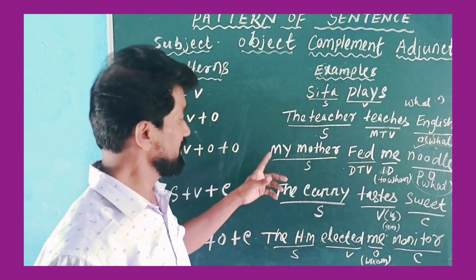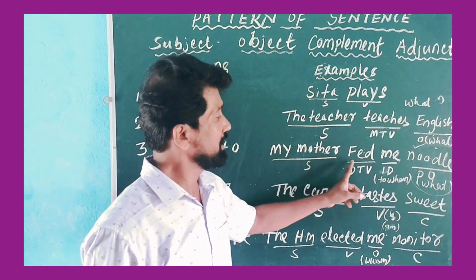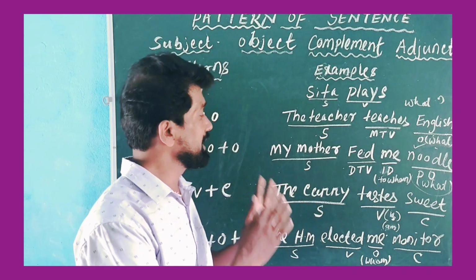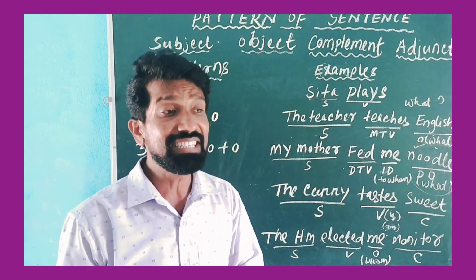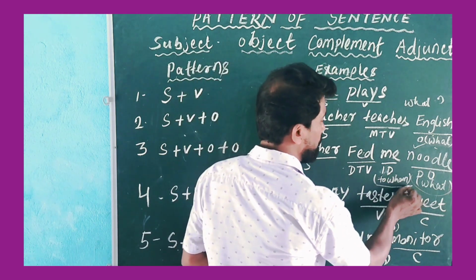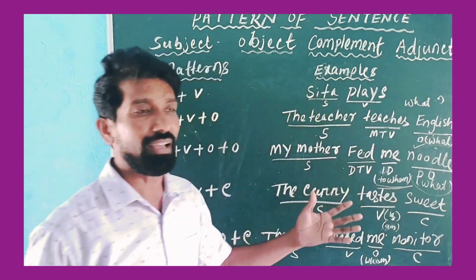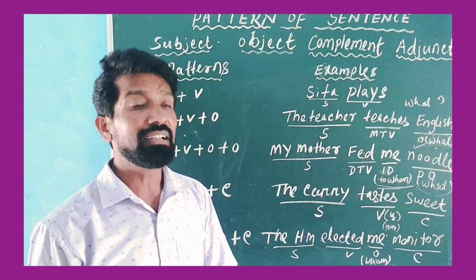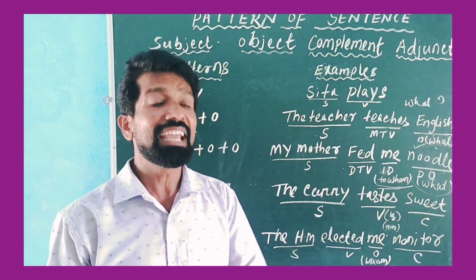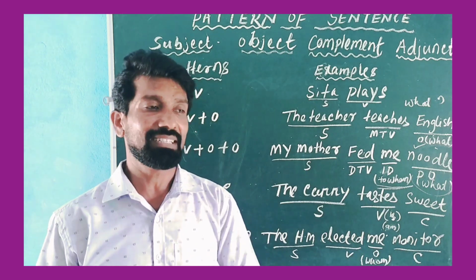Then another: how can we know me is also an object? Then we just have to ask the question. The mother fed to whom? Whom did the mother feed? The answer is me. Then you can ask the question to whom. This is another formula. If you ask the question to the subject, to whom or to what, the answer becomes what is called object.